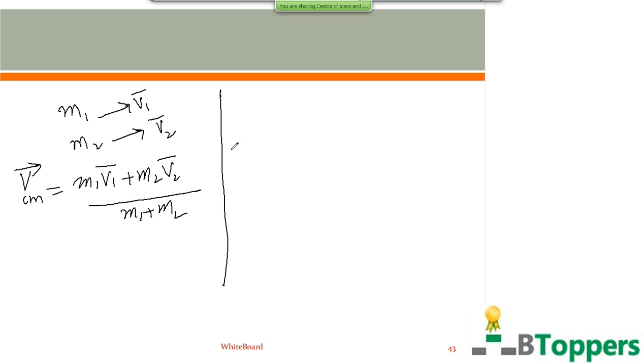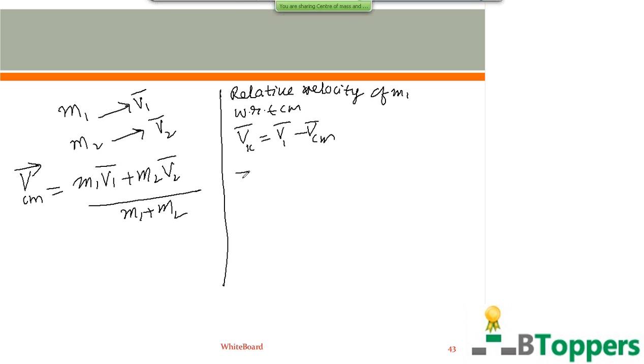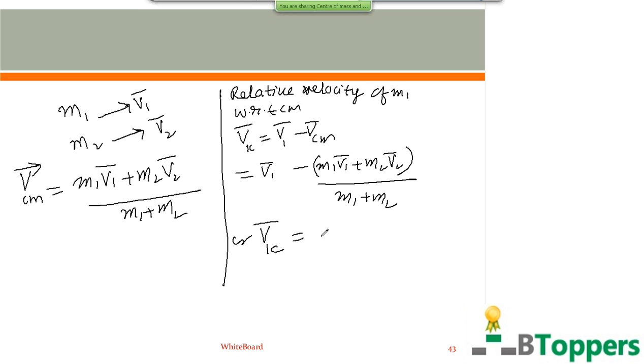So the relative velocity of m1 with respect to the center of mass, denoted by v bar subscript 1c, is equal to v1 bar minus vcm bar. You can substitute vcm bar equal to m1 v1 bar plus m2 v2 bar by m1 plus m2. This can be simplified further.